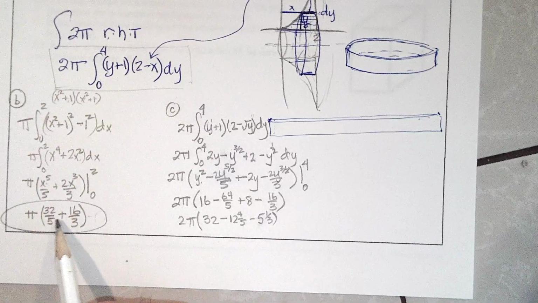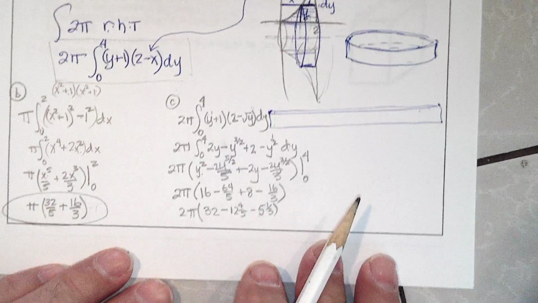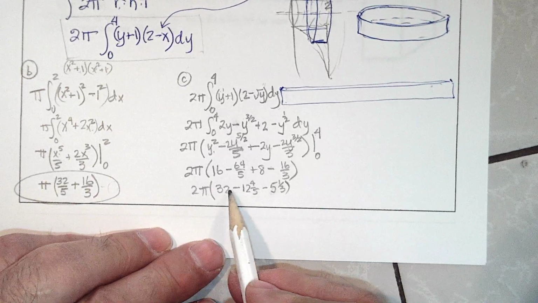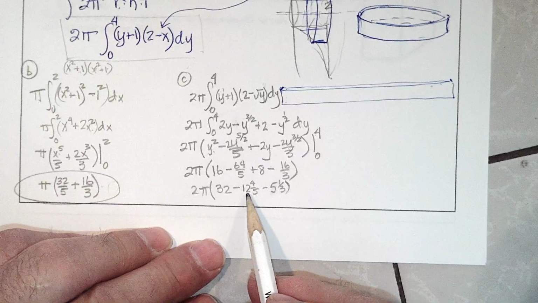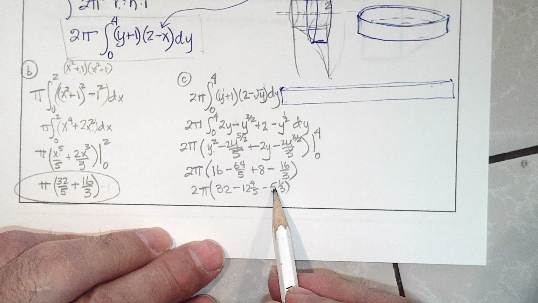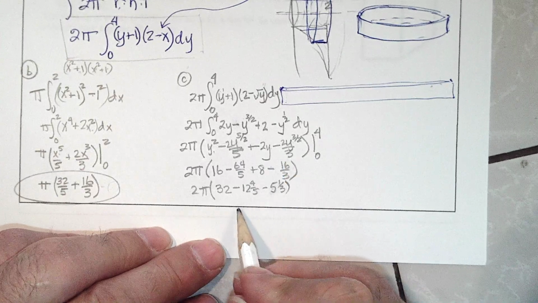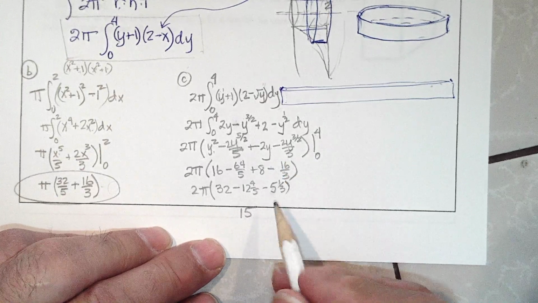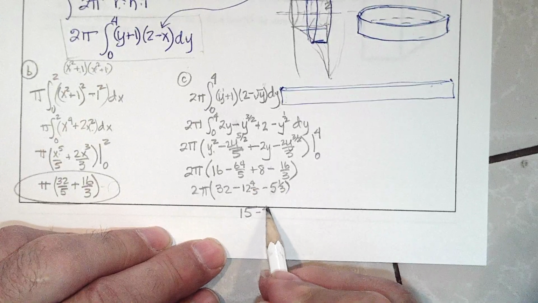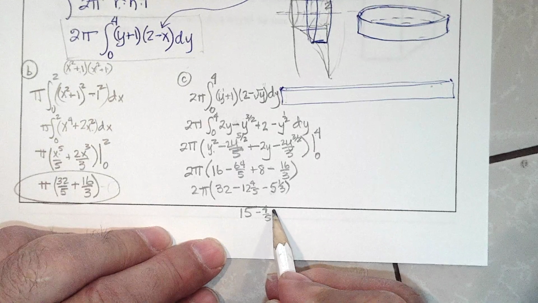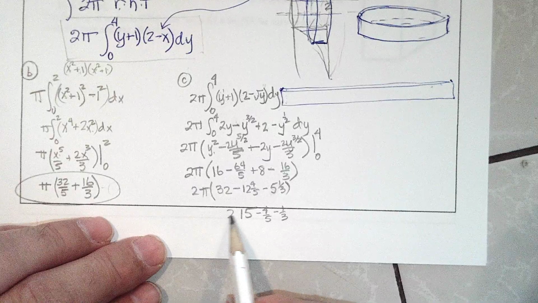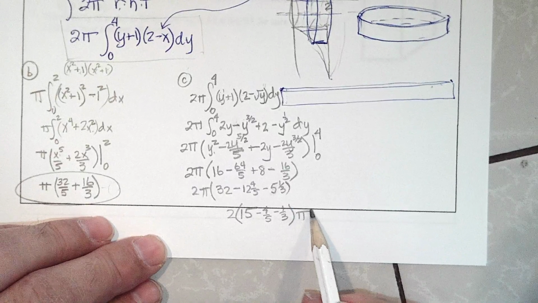Now I could just type these in my calculator and check if they match, but let's do some math here and do it this way. So 32 minus 12 is 20, minus 5 is 15, and then I'd have minus 4/5 and minus 1/3. And that would be times 2 and pi.